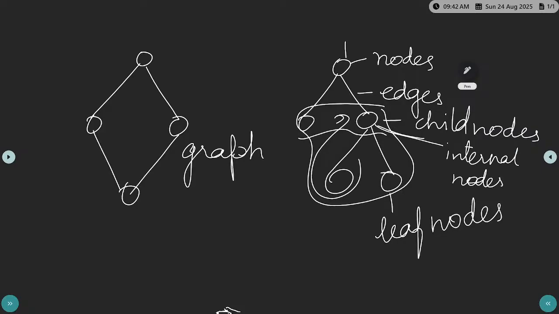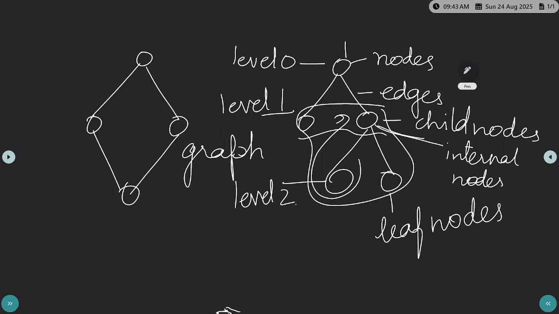Next, what do you mean by level of the tree? How many levels we are dividing? That is called as a level of the tree. Here the level of the tree is 2. So this is called as 0th level. This is first level, and this is second level. Level 2, this is called as the level, right?